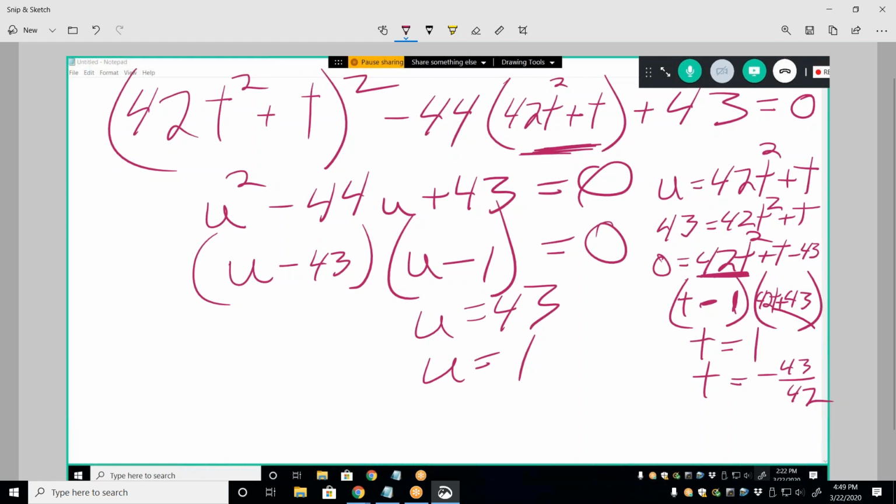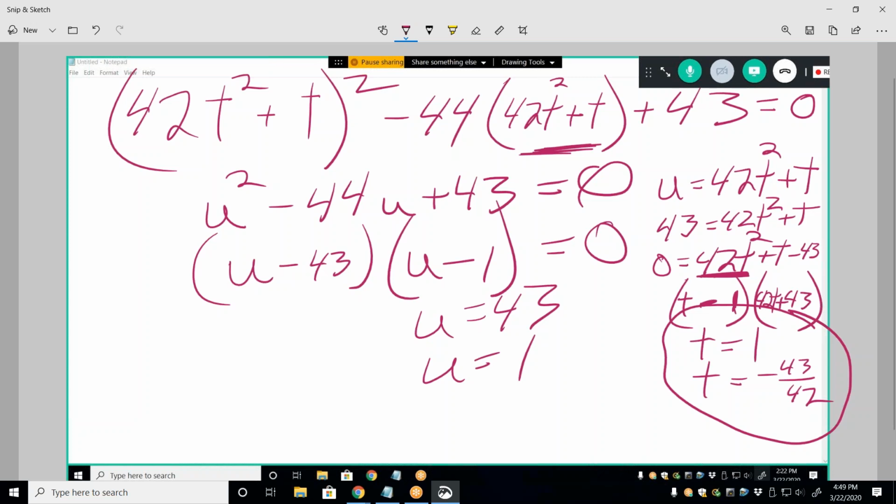That's 2 solutions. How many should we have? 2. In actuality, this is a quartic, right? I got a t squared being squared. So I know that if I were to carry out this process, I would have t to the 4th. So how many solutions should I be looking for?